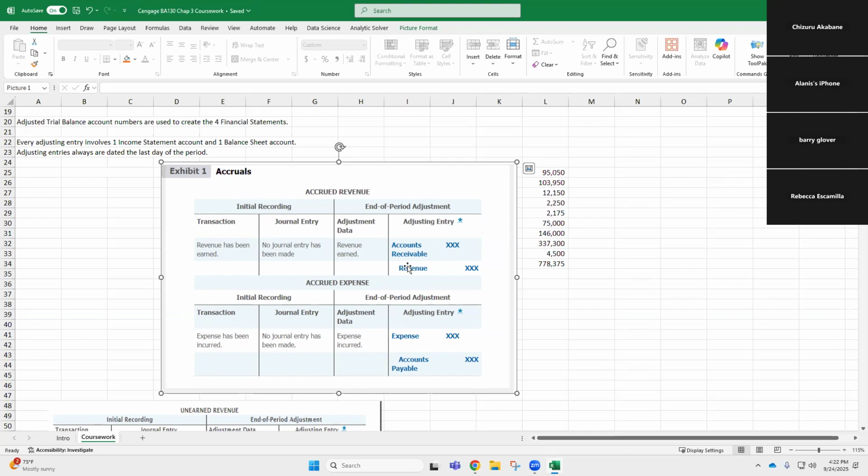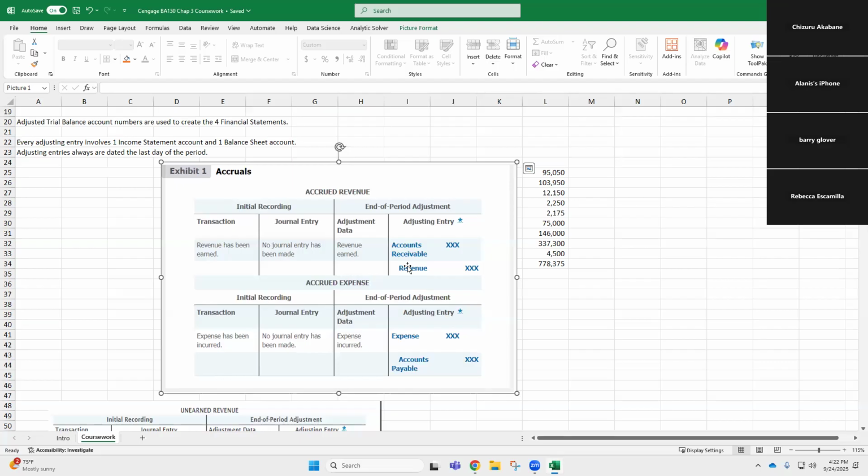Because we finished it during a given period of time, like during the month or during the year. So we want revenues and expenses to reflect the time period that they were earned, and the expenses were used and generated to help those revenues.